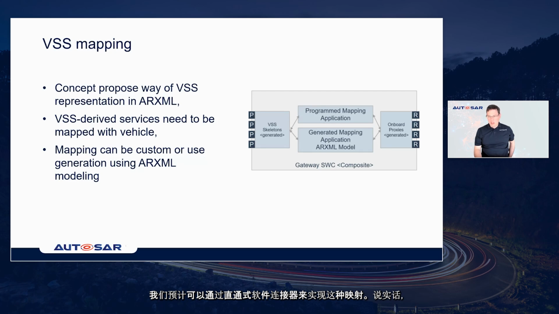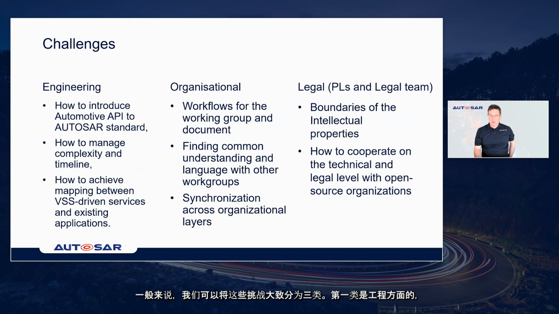So, to be honest, it was quite challenging how to introduce this mapping. But in this concept, we have some other challenges too. Generally, we can group them into three main categories. The first one is engineering: how to introduce Automotive API to the AutoSAR standard, how to manage complexity and timeline, because we had limited time and still a lot of work to do.